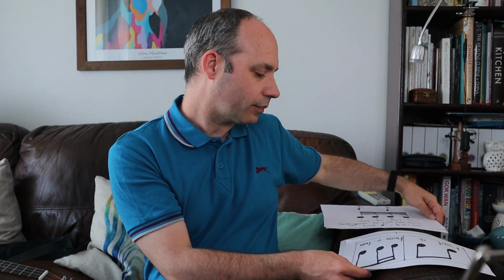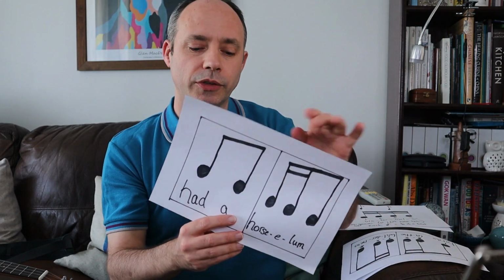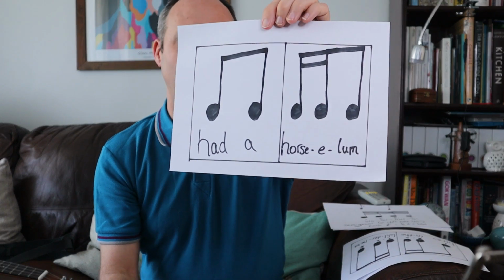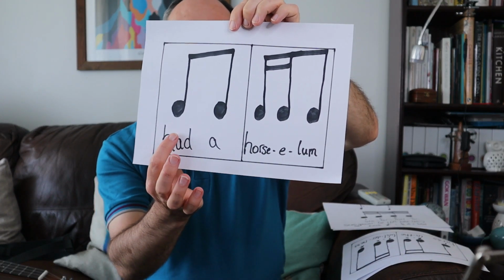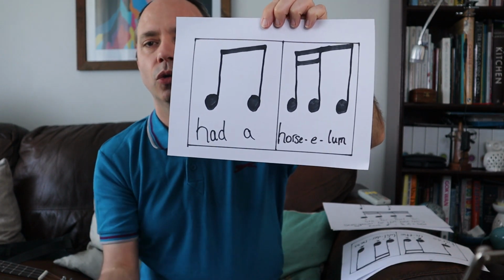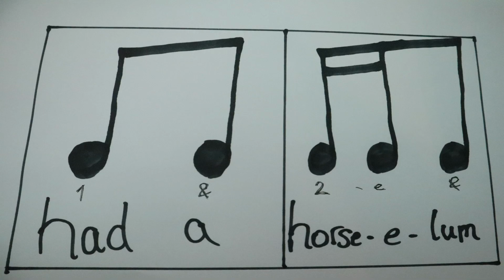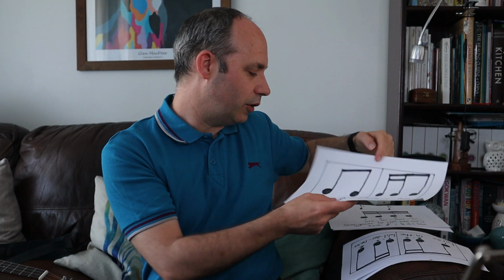We're going to have a look at a tune today which uses semiquavers. The bit to look out for is "had a horse-a-lum, had a horse-a-lum", 1 and 2 and 1 and 2 and 1 and 2 and "had a horse-a-lum". You'll get the idea when we see the tune.